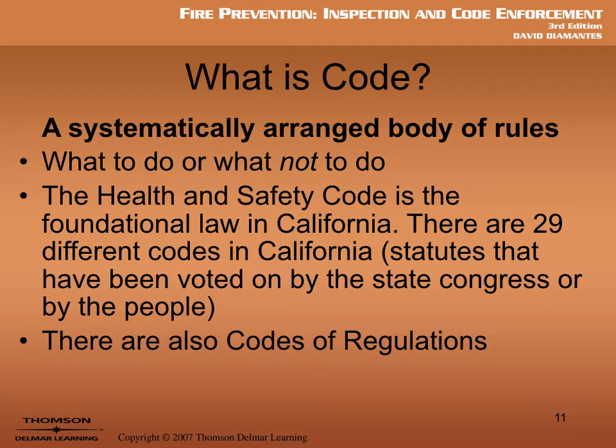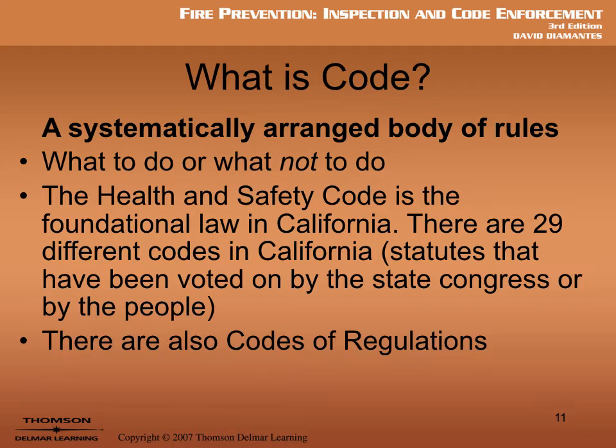And that date will usually be January 1st of the next year. As of January 1st, just after midnight, this is the law. And from that point on, you have to obey it. Put simply, code is a list of rules of what to do or what not to do.